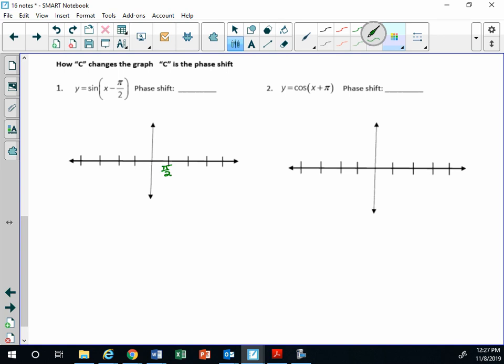So this is pi over 2, pi, 3 pi over 2, and 2 pi. Do the negatives. Y-axis, I'm going up to 1, down to -1.